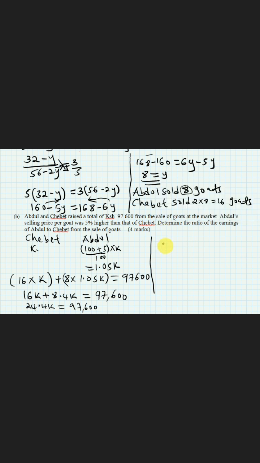So what we need is to divide both sides by 24.4. Remember, we have 24.4K is equal to 97,600. So we divide throughout by 24.4 divided by 24.4. So the value of K in this case is 4,000.